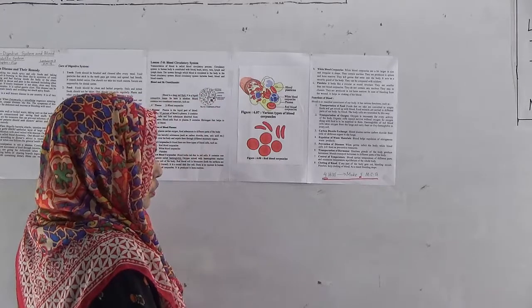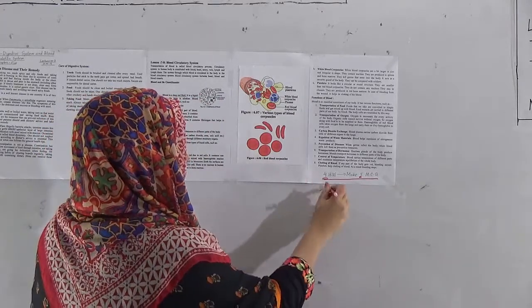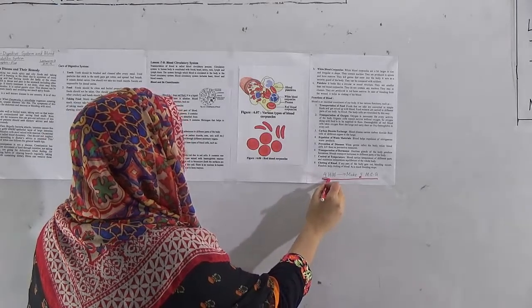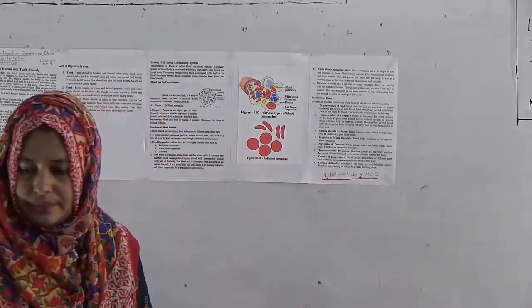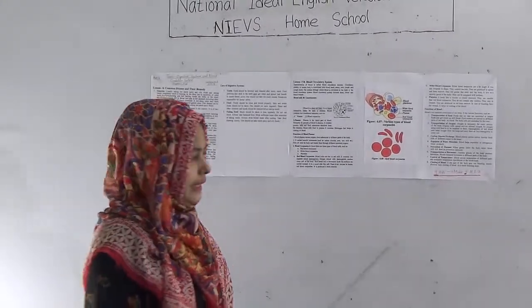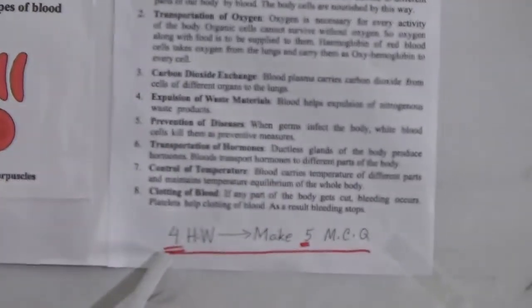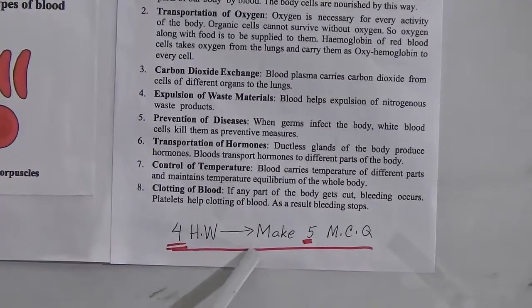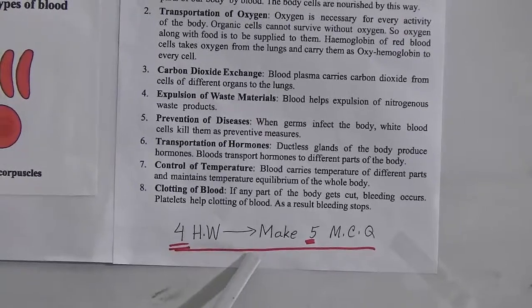When you do your SW, you have to write 4 number SW at the top of your copy. I repeat your SW again: this is number 4 SW, and you have to make 5 MCQs with answers based on this topic.